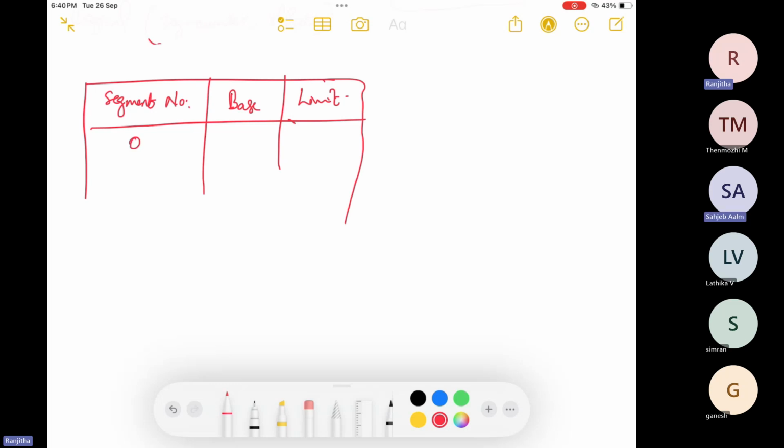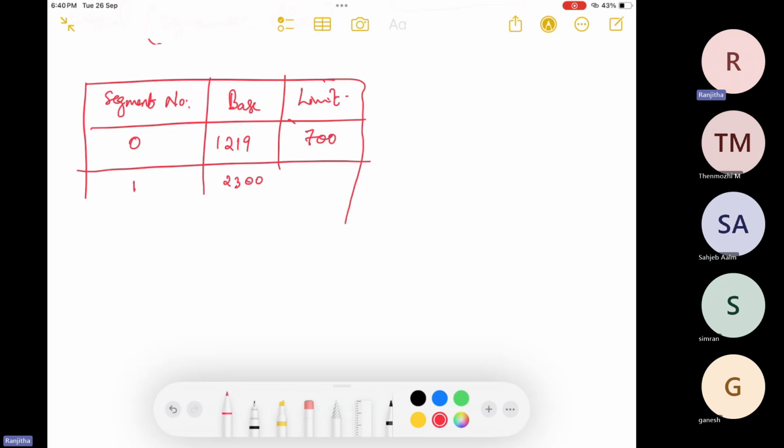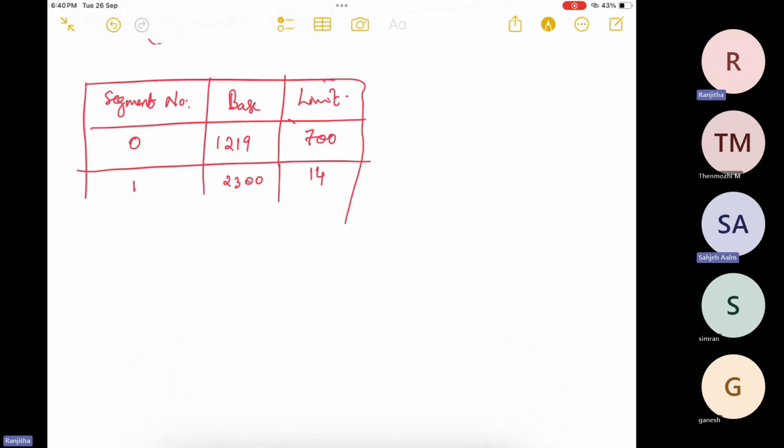Segment 0, the base address is 1219 and length is 700. Segment 1, 2300 is the base and 14. Okay.